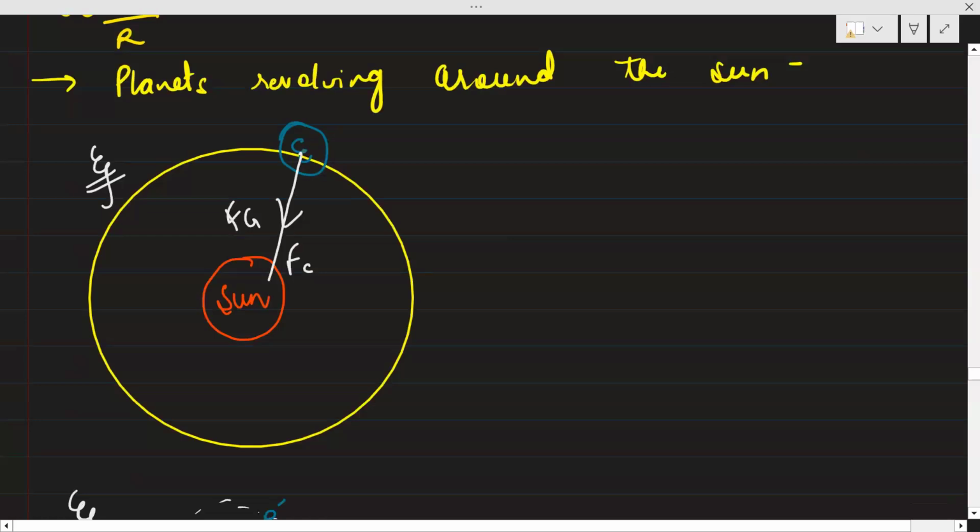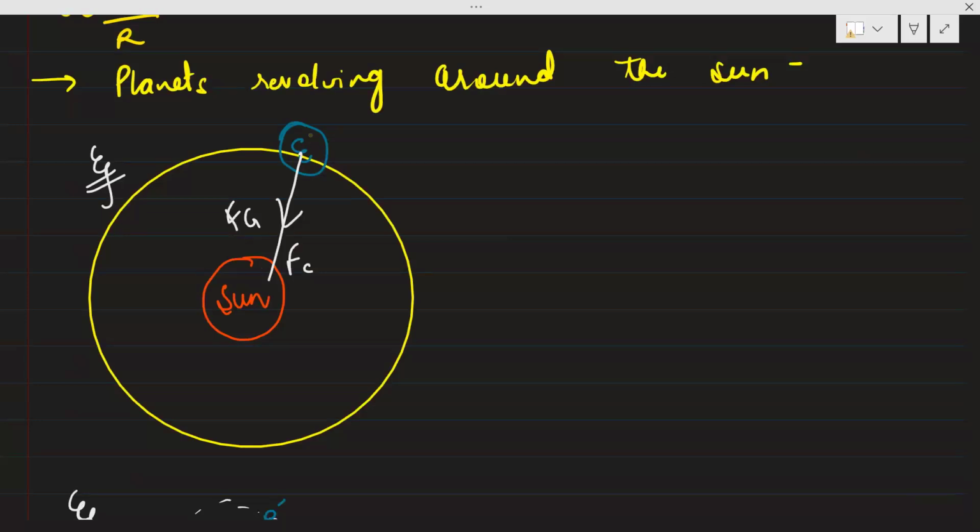Now see, planets revolving around the sun. Sun is there, earth is there, separation between them is present. So if we have gravitational force, means gravitational force is present between the sun and the earth. Now see class, gravitational force is present between the sun and earth, but it is acting along the radius and towards the center, right?